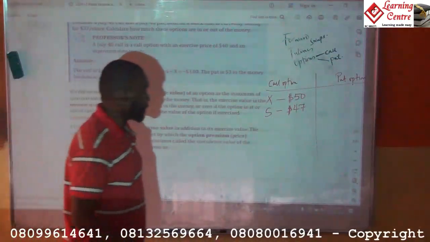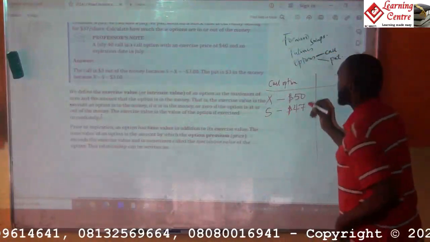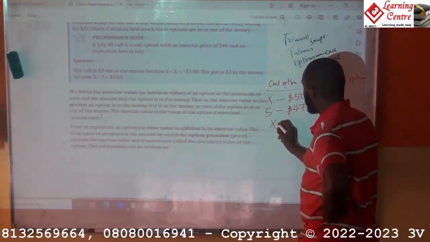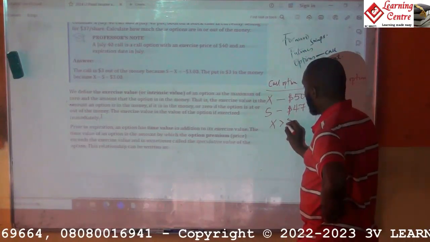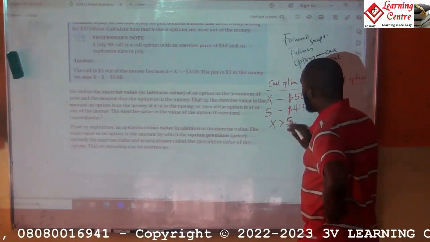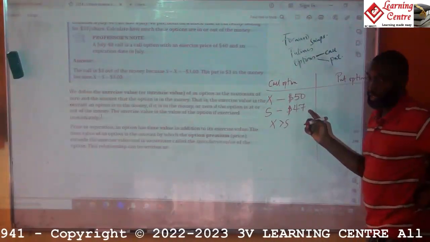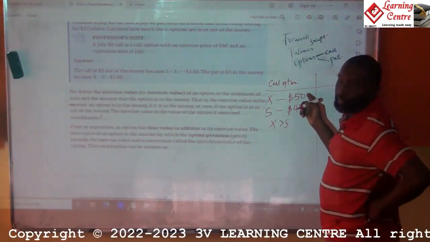We will not. Very good. I will not exercise the call option because X is greater than S, meaning that I can go to the market and buy this product at $47 instead of going ahead with my option.